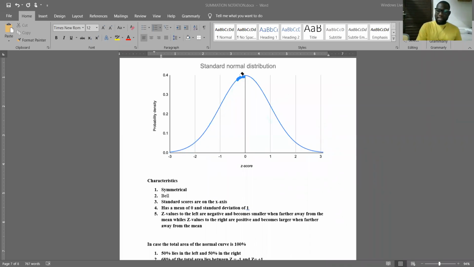Again, we normally transform the scores into a standard score, meaning that we use z-scores. When drawing, the z-scores fall on the x-axis. You currently know how to calculate z-scores per the previous video I did.